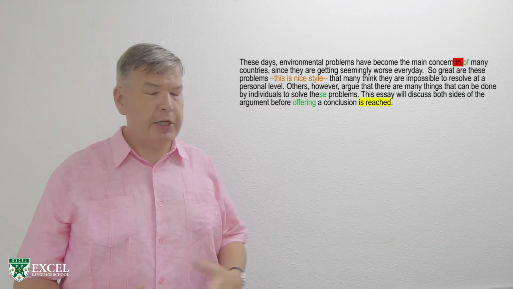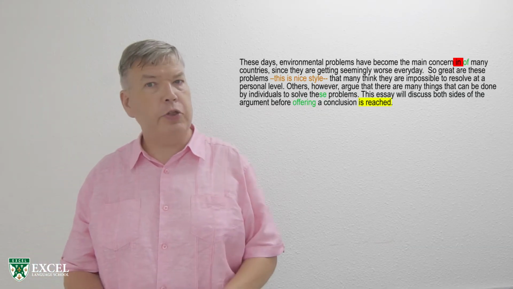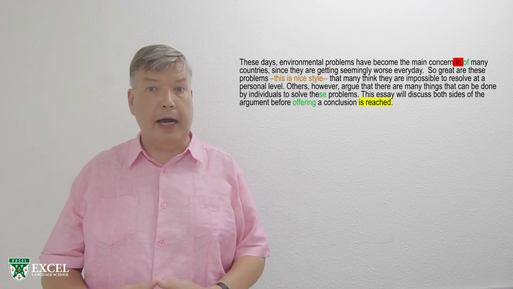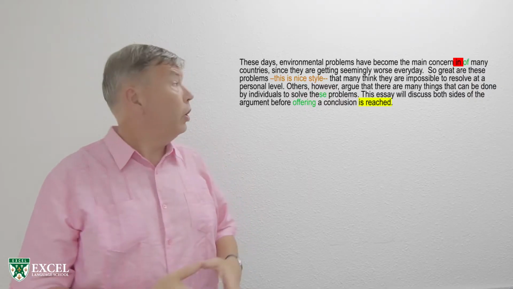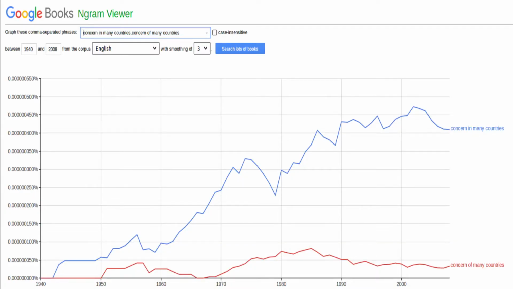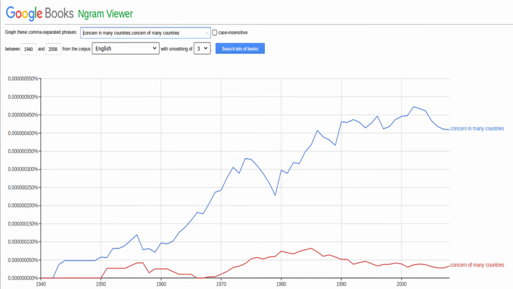And in a situation like this, there is a great tool online that you can use. It's free. And this tool is called Google Ngram. Google Ngram. And if you put in the words Google Ngram, N-G-R-A-M, into Google search, it will be the first item that comes up.